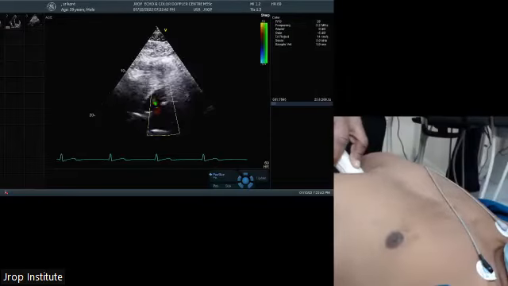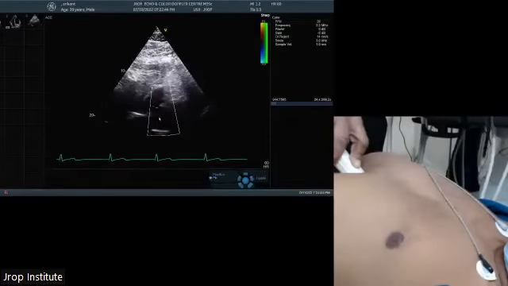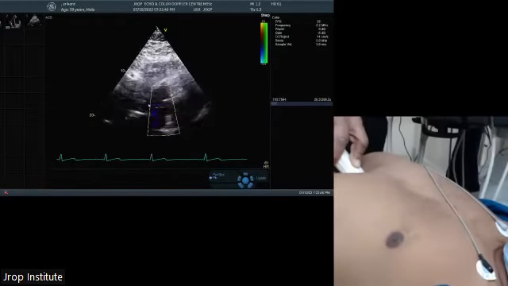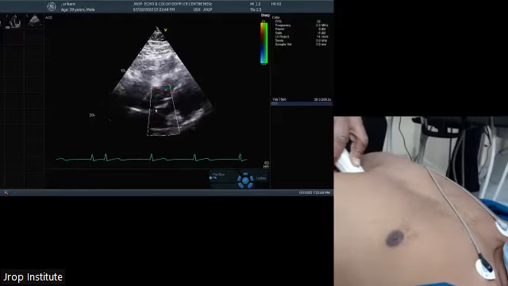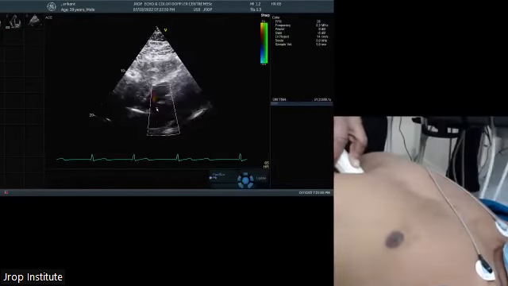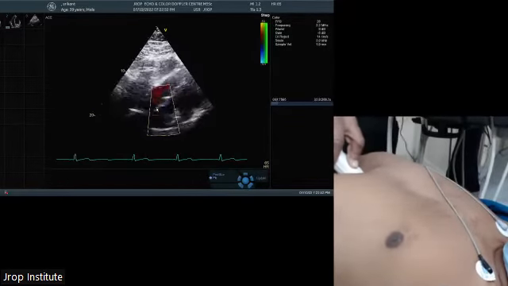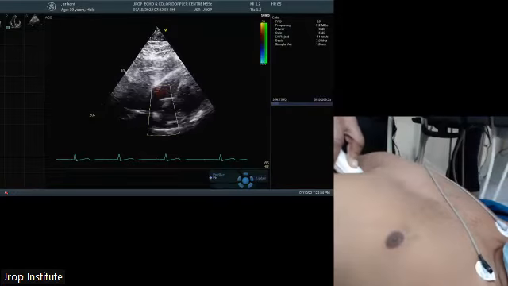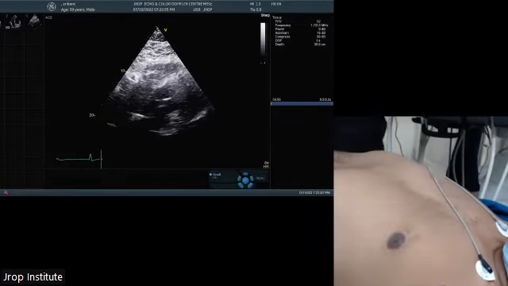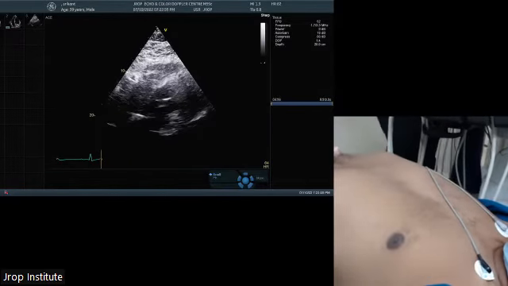Yes, sir. Because the flow will go from this place to this place. And when we are interrogating the subcostal window, this is the best view to look for ASD. Although ASDs are of various types, we are going to discuss them later on. At this moment, for you, the subcostal window is the ideal window.